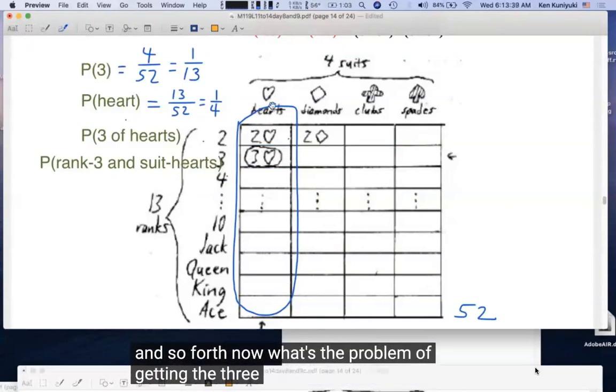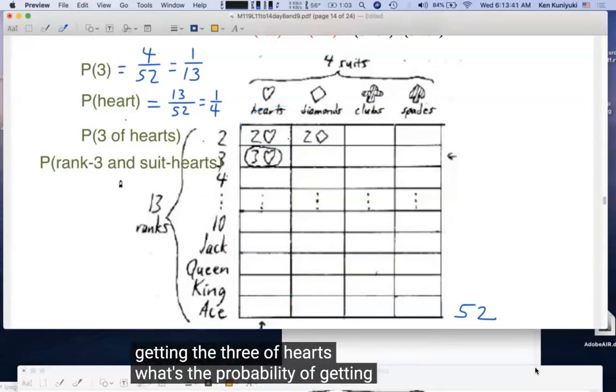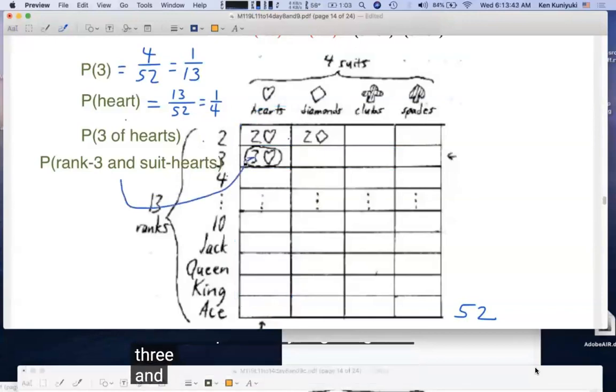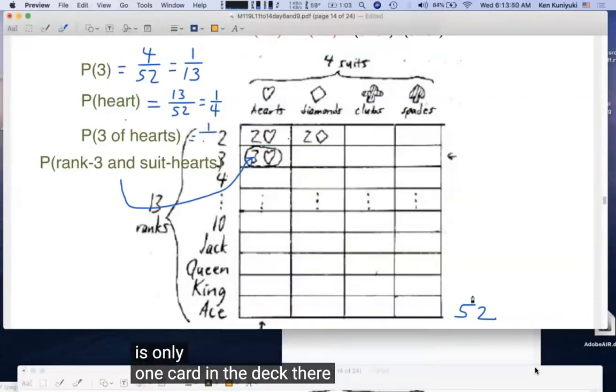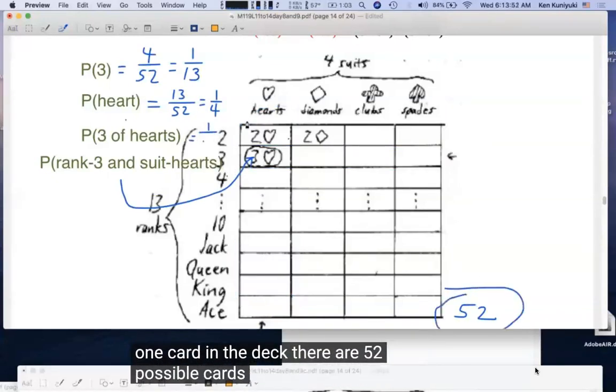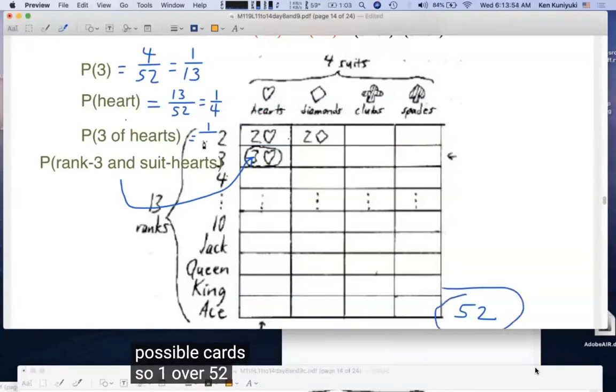Now, what's the probability of getting the 3 of hearts? What's the probability of getting rank 3 and suit hearts? Well, the 3 of hearts is only one card in the deck. There are 52 possible cards, so 1/52.